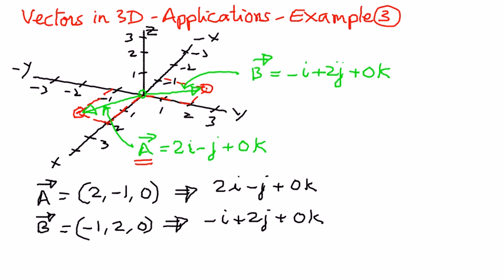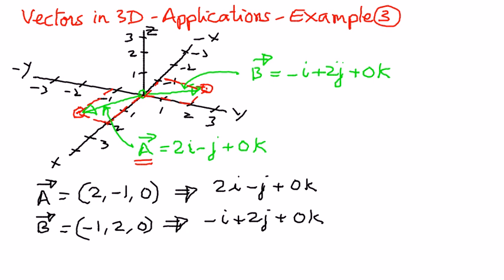Vector B can be represented as the other side of the parallelogram, and the components of those are given to us as -i plus 2j plus 0k, and I've plotted it out on the graph here. So that means we are traveling 1 unit on the negative x-axis, going the other way, and then 2 units on the positive y-axis, and 0k, that means we don't have any height there.